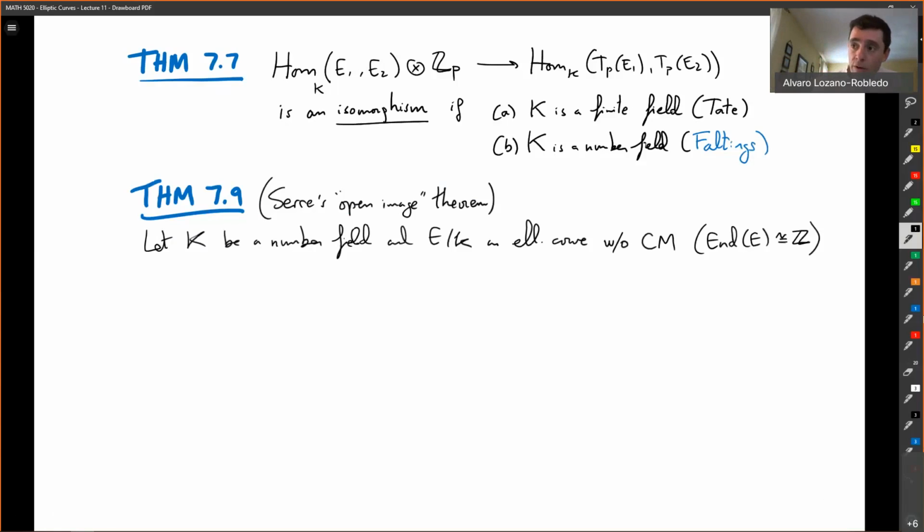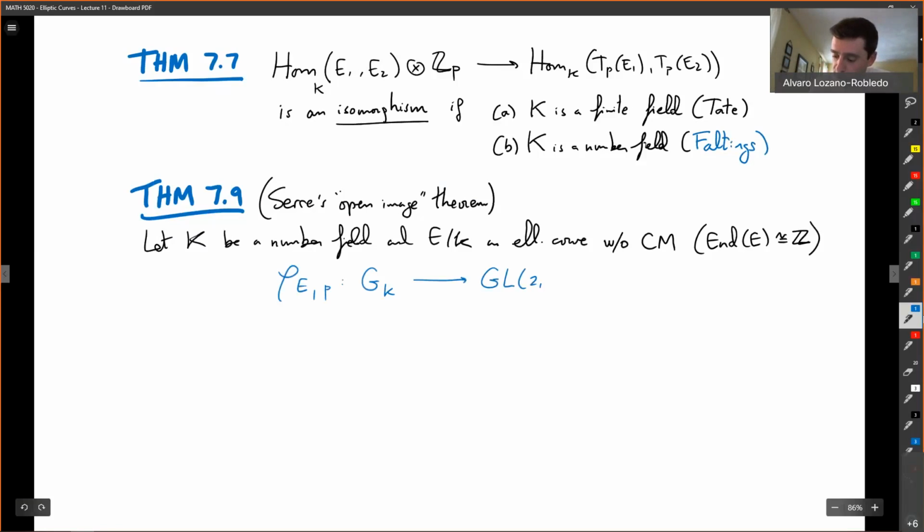Then it turns out that, remember, we have a Galois representation ρ_{E,p} from G_K to GL2(Z_p), and you wonder how big that image is.